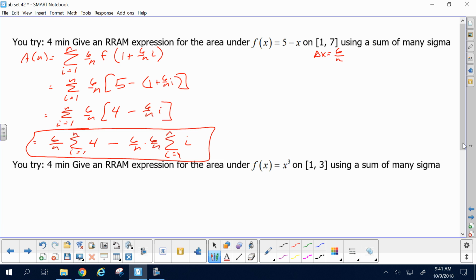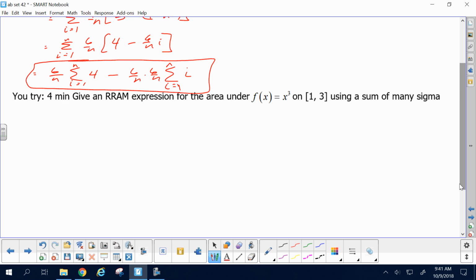Working on it. Okay. The last one's the worst.